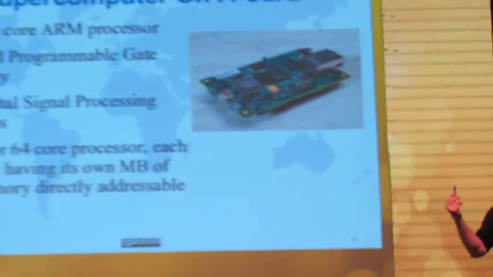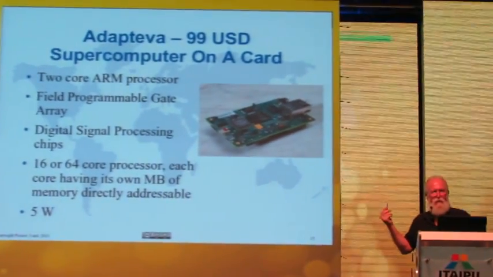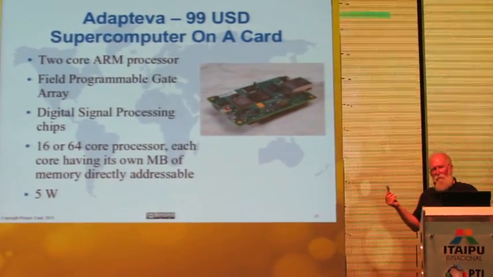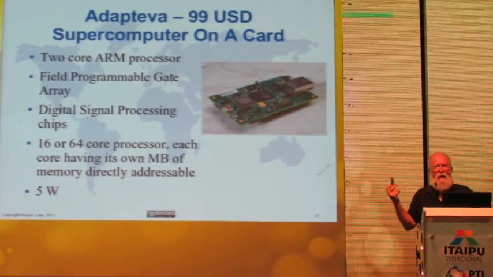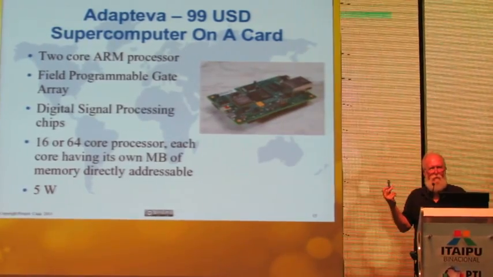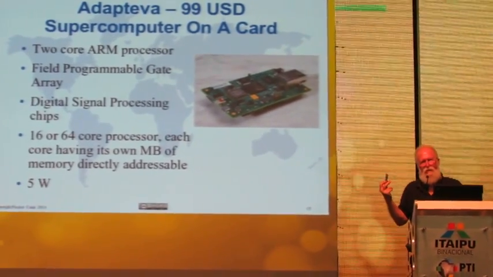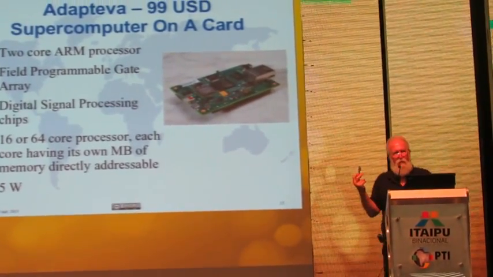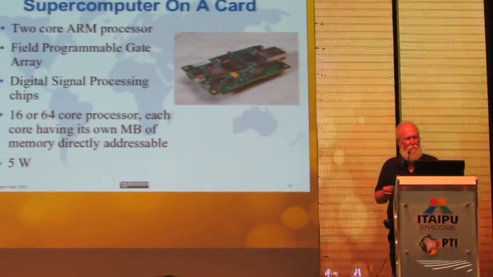It has a two-core ARM processor. It has a field programmable gate array, known as an FPGA. It has digital signal processing chips. And it has a 16-core CPU, where each core has its own megabyte of memory that you can load and have it programming in parallel.